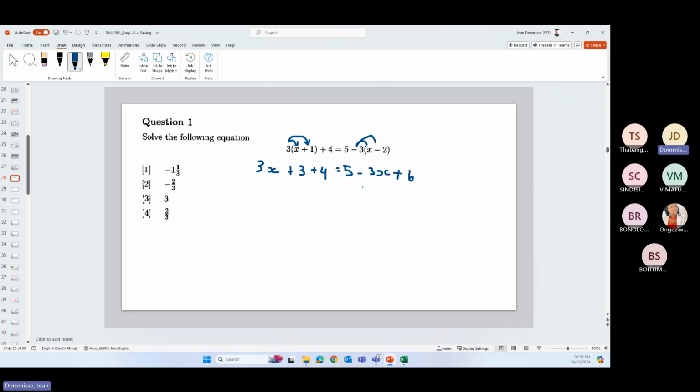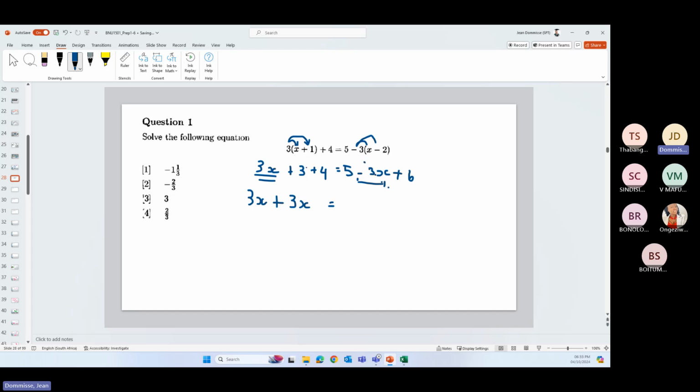I normally like to bring all the x's to the one side. So I've got 3x here. Then I will take the negative 3x. If I take that to the left-hand side, that will become positive 3x, and then it is gone on this side.